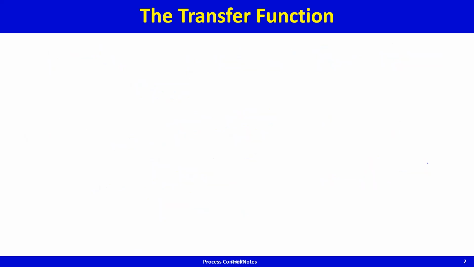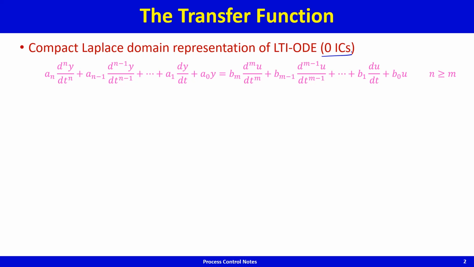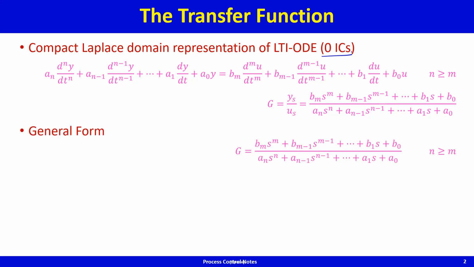Okay, so the transfer function is a compact Laplace domain representation of the linear time invariant ODE with zero initial conditions. If you assume zero initial conditions, then this differential equation Laplace transforms to a numerator polynomial and a denominator polynomial. So this is the general form of the Laplace transform that relates an output to an input.